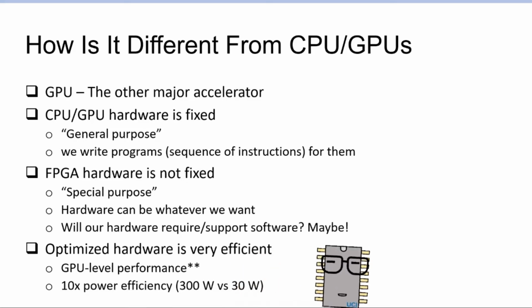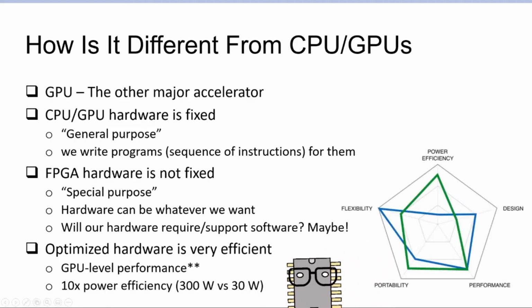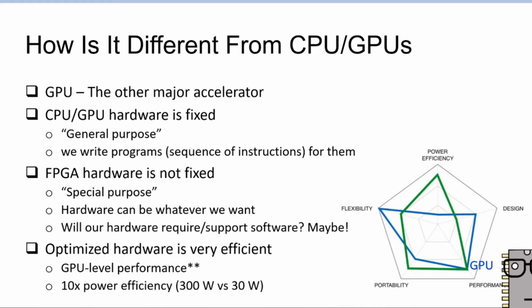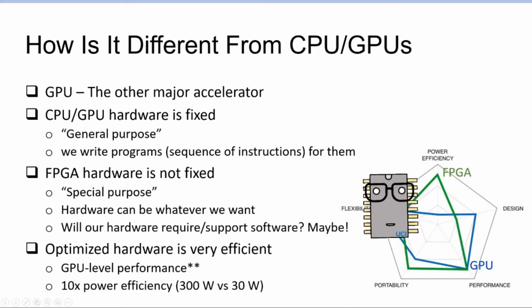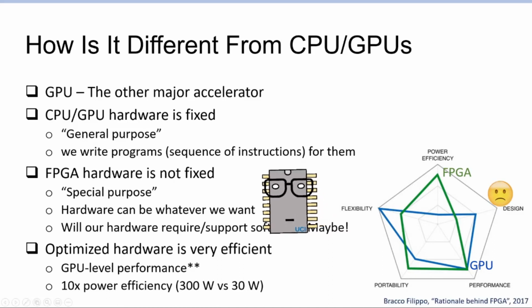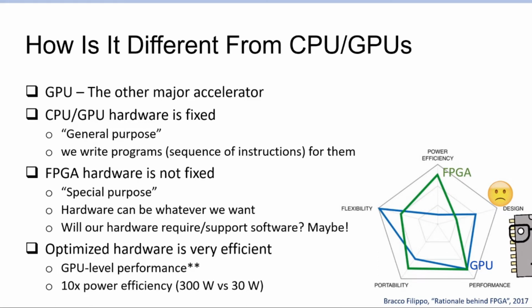So all of this sounds very good. The downside is, when we compare the multiple characteristics of GPUs and FPGAs, if we look at features like portability, performance, flexibility, all that stuff, while GPUs and FPGAs do come at kind of similar performance, FPGAs do have better power efficiency most of the time, but it also comes at a significantly steeper curve in terms of design effort.